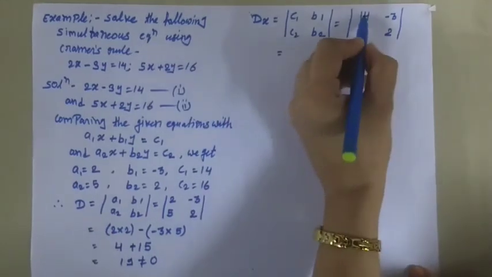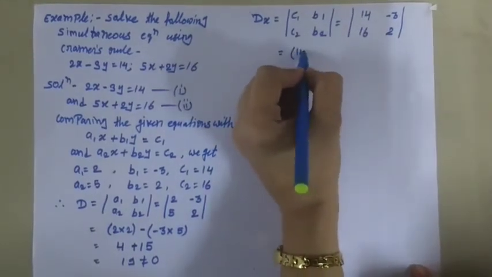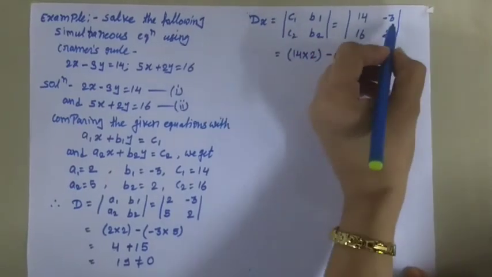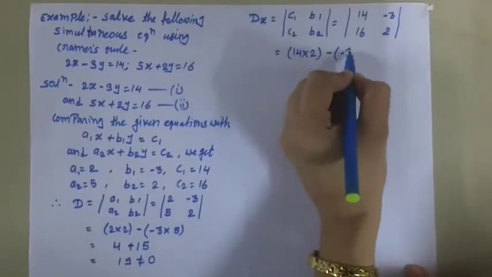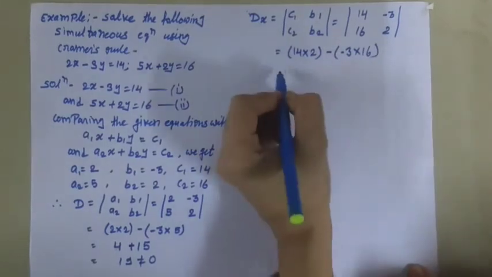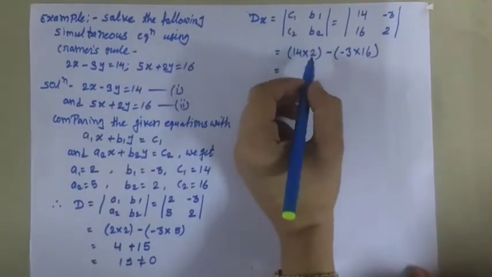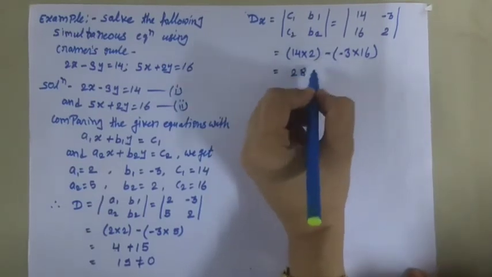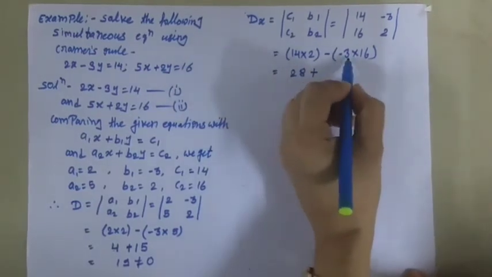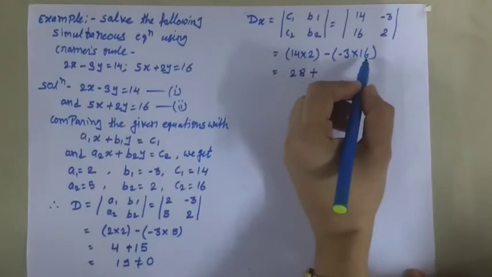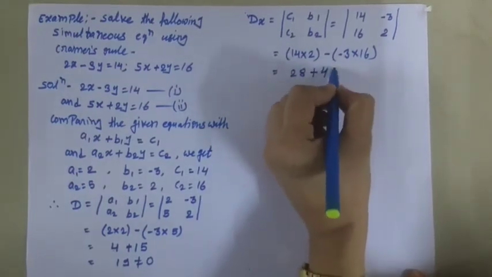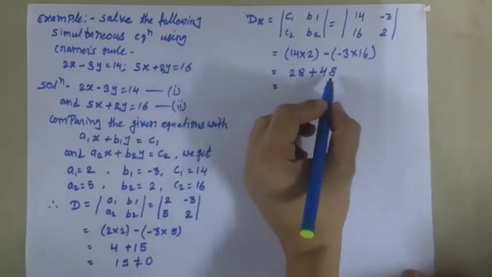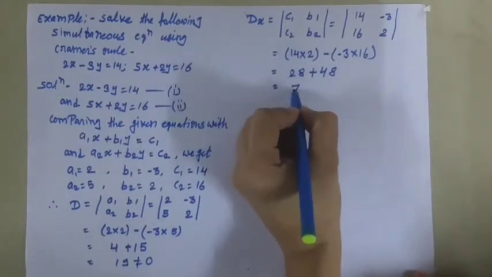Equal to 14 into 2 minus minus 3 into 16, equal to 28 plus 48, equal to 76.